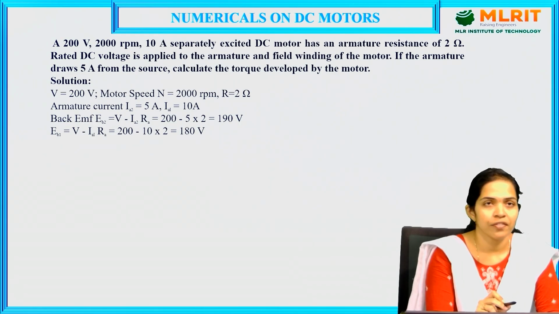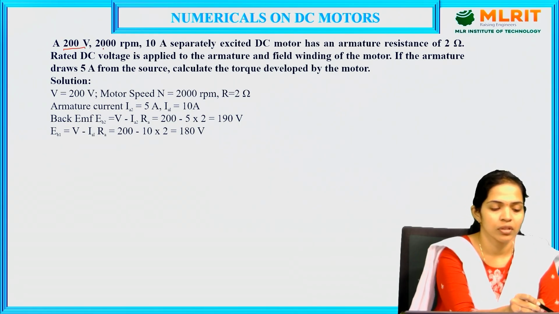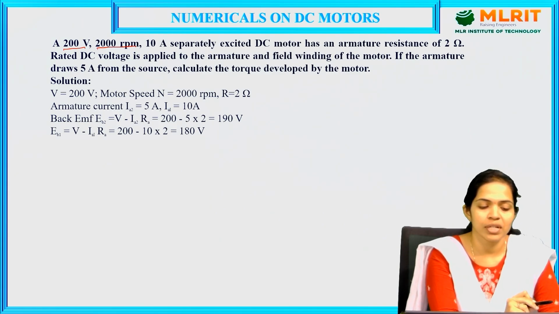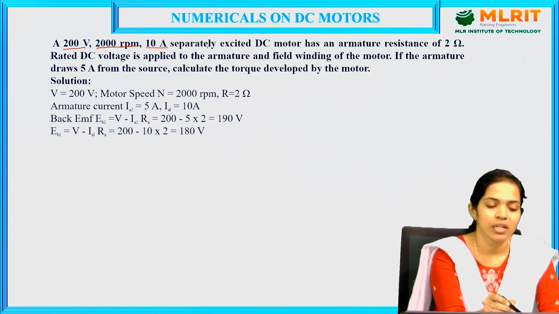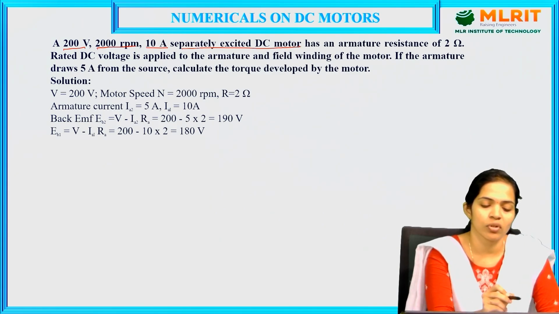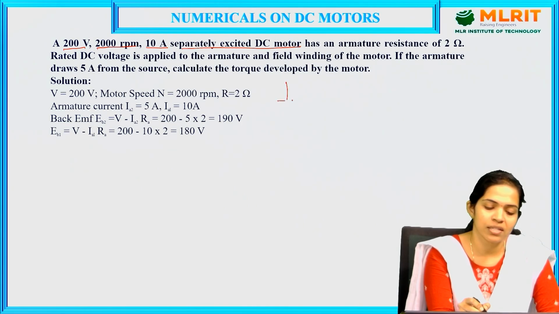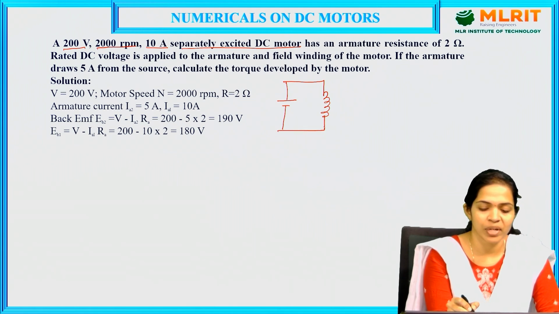We have a 200 volts, 2000 RPM, 10 amps separately excited DC motor. In a separately excited DC motor, we have the separate excitation for the field winding and also the separate excitation for the motor armature.